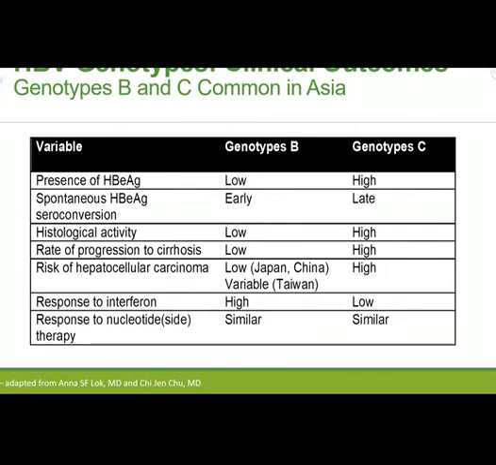This is again a table which shows clinical outcomes comparing genotype B and C, and you can see the presence of E antigen is low in genotype B as compared to C. The spontaneous E antigen seroconversion is late in C as compared to B. Histological activity on biopsy is high in C. Compared to progression of cirrhosis, those patients of hepatitis B having genotype C have a high progression to cirrhosis.